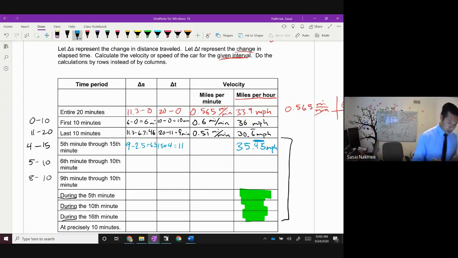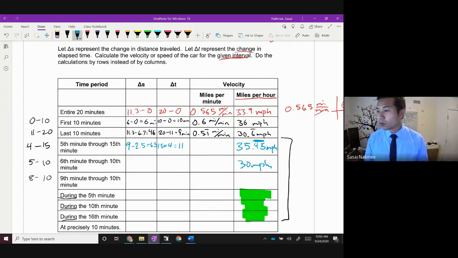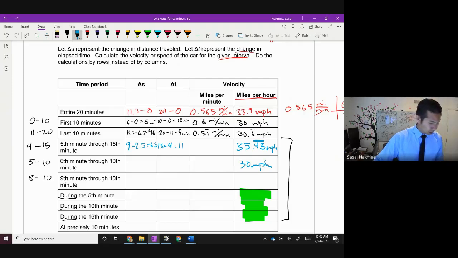All right. Stealing some people's answers here. It looks like the next one they got over here is 30 miles per hour. Oh, you got 33.6?